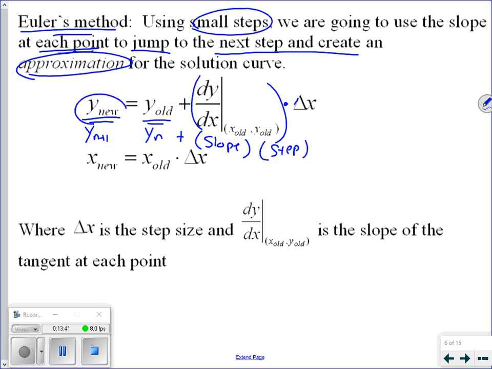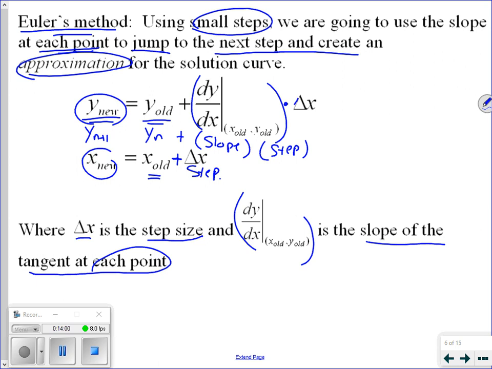That's how you find your new y value. To get your new x value, you just take your old value and add your step. It even says it right here, where delta x is the step size, and this is the slope of the tangent at the current point you're at.